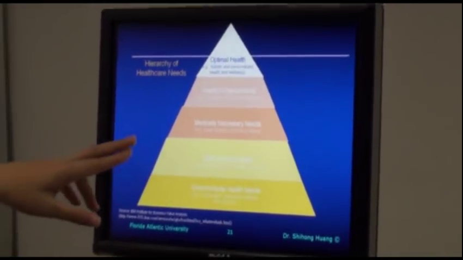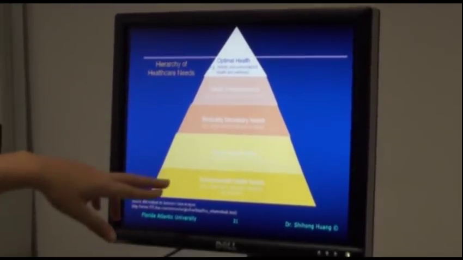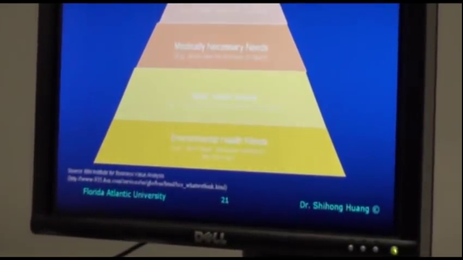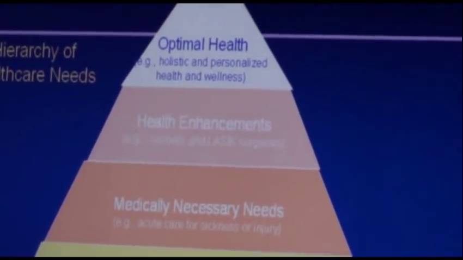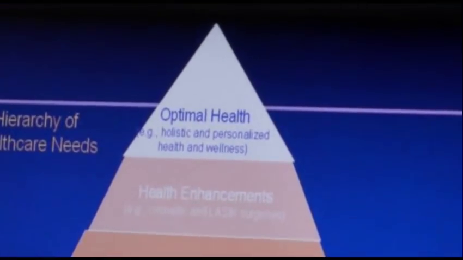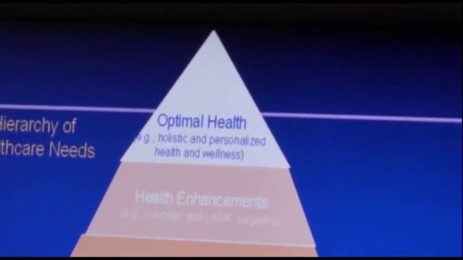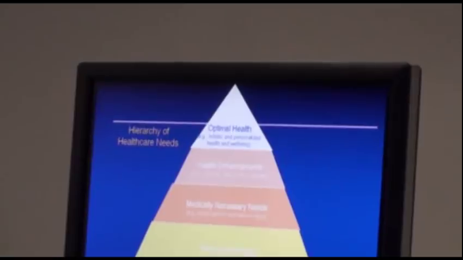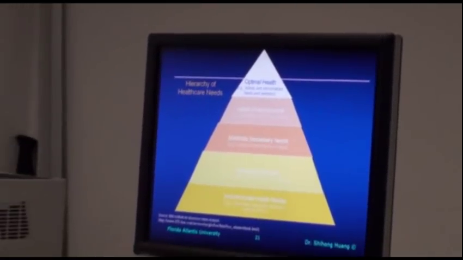What we're trying to focus on right here, you can see from this pyramid-shaped diagram. We have this hierarchy of healthcare, with something called optimal healthcare, meaning we want a holistic approach and a personalized health and wellness approach to healthcare.